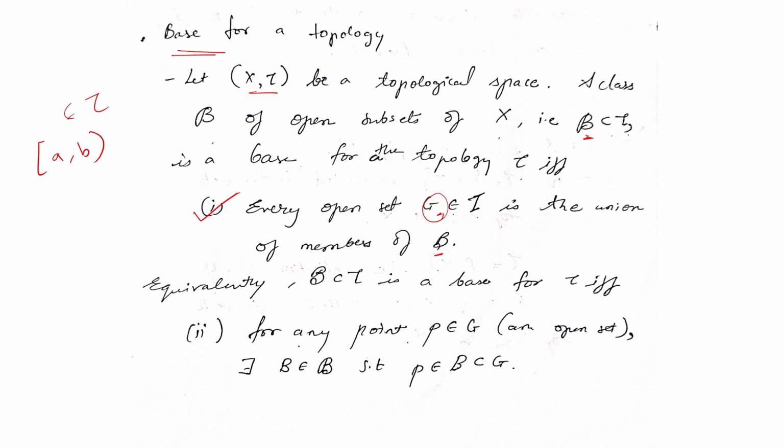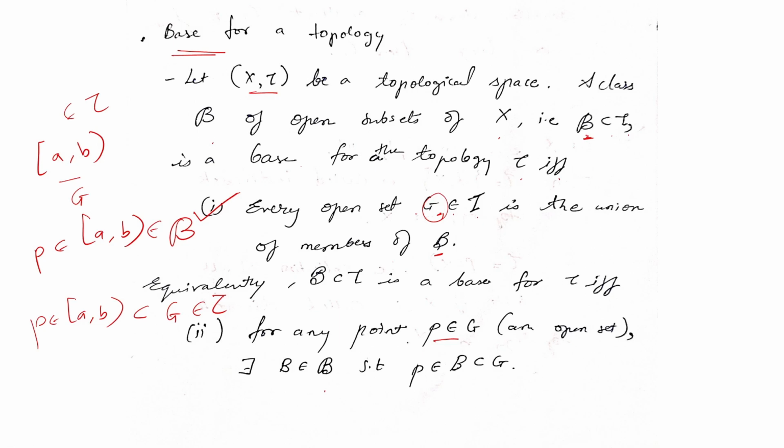And equivalently, you can say it as, for any point P belonging to G, if P belongs to this semi-open interval, then there exists B belonging to B such that P belongs to B and B is a subset of G. That is, there should be some such semi-open interval in our basis such that P belongs to it and it will again be a subset of our G, that is an open set in tau.